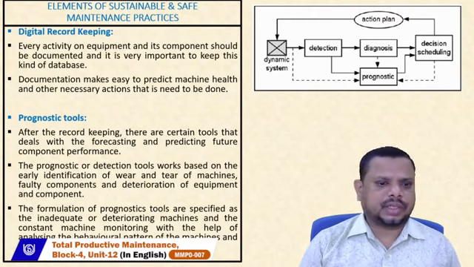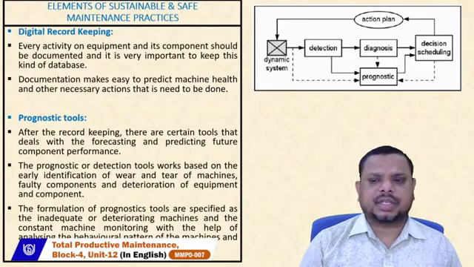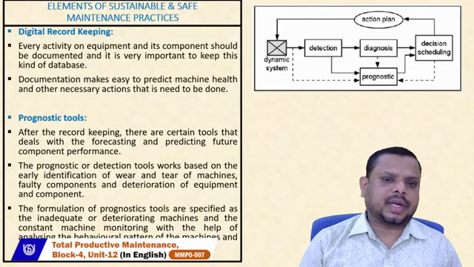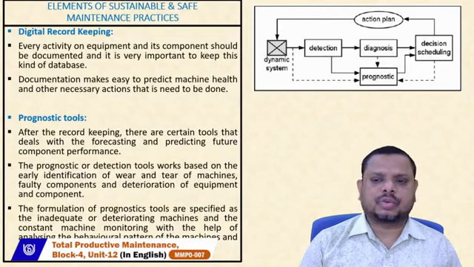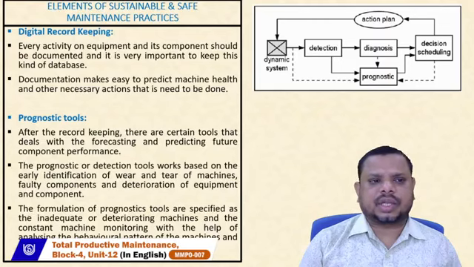This is the first point. The second point is that with the help of this documentation, you can predict the machine's health, so that you can implement maintenance strategies to improve the health and functionality of that particular equipment. So this is all about digital record keeping.